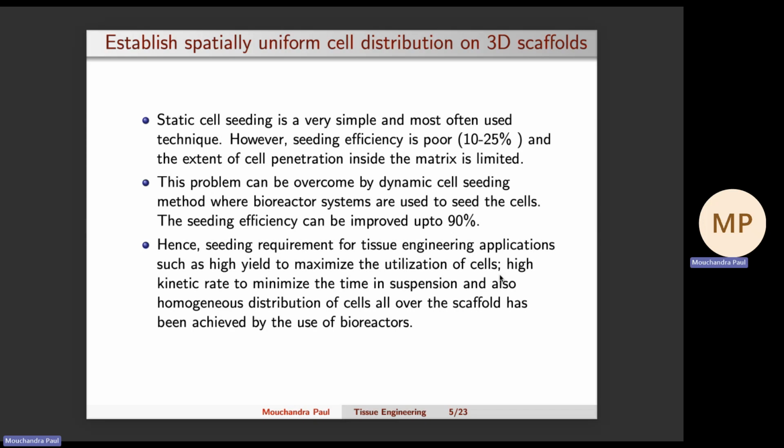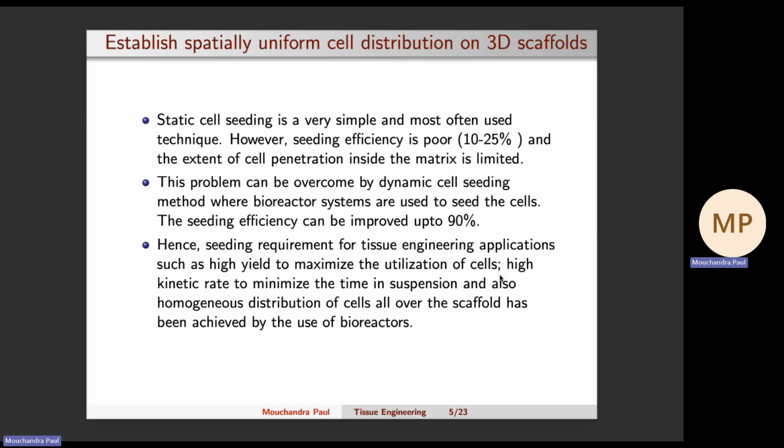Next, we should be able to make sure that the cells don't remain in suspension for a very long time, and the flow of the media should be at such a rate that it allows the suspended cells to come in contact with the scaffold very quickly.